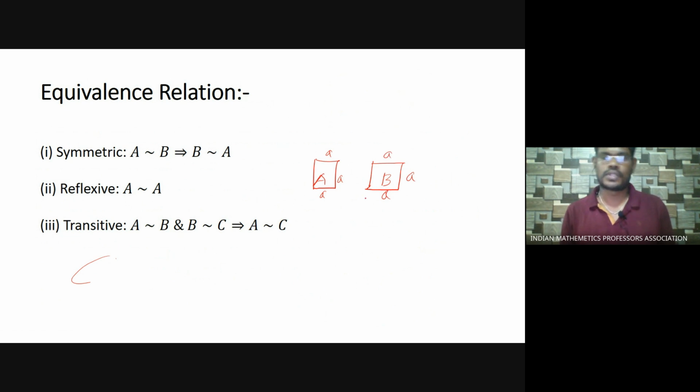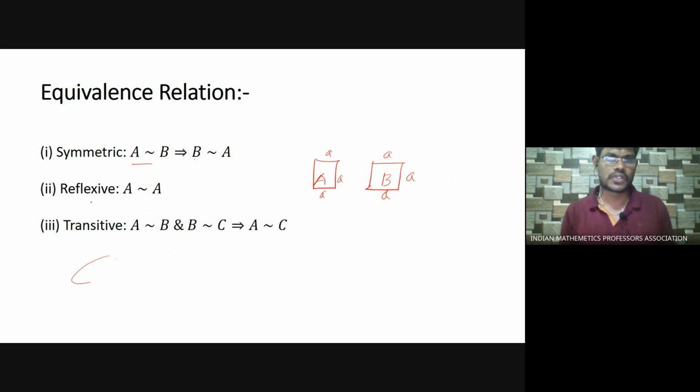So this is called symmetric squares. Easily we can check A is related to B and B is related to A. So this is called a symmetric relation.